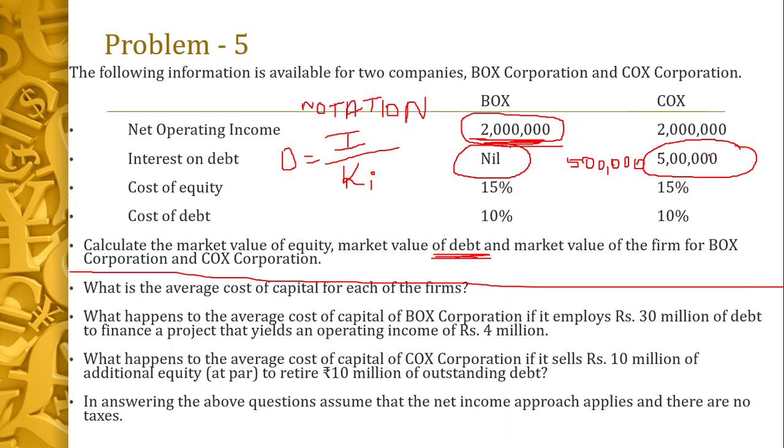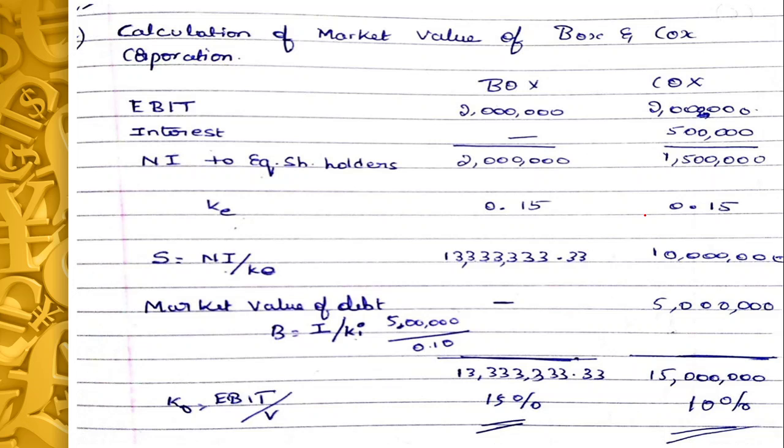So, when you divide 500,000 by 0.10, you will be getting total value of debt. Okay, and the equity calculation is the same.